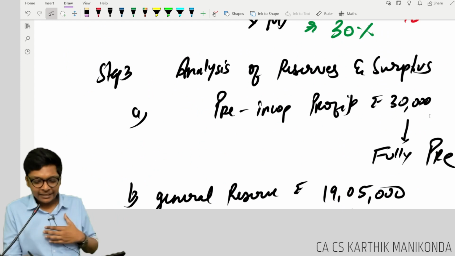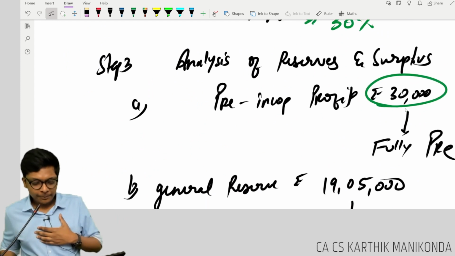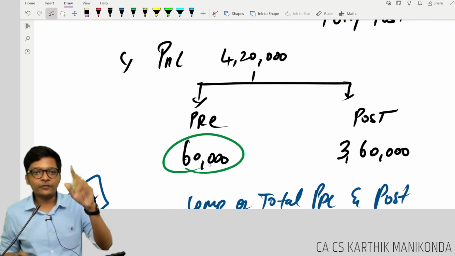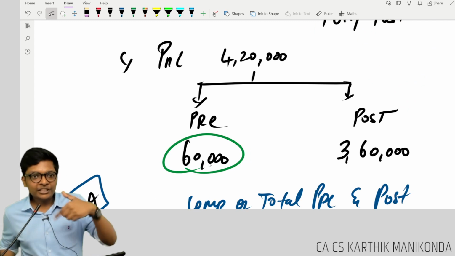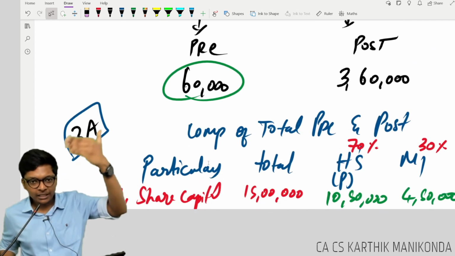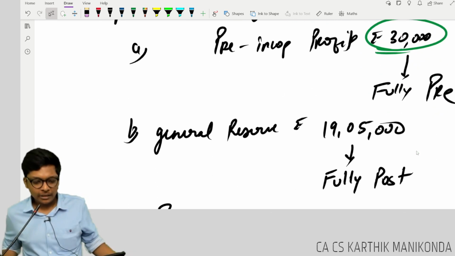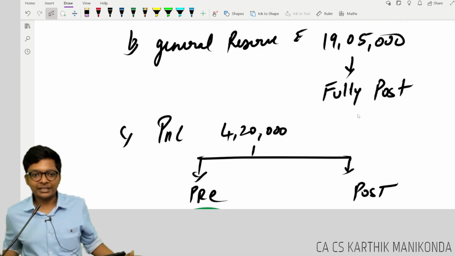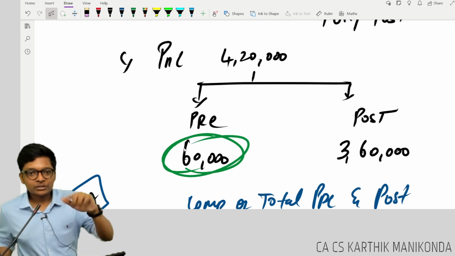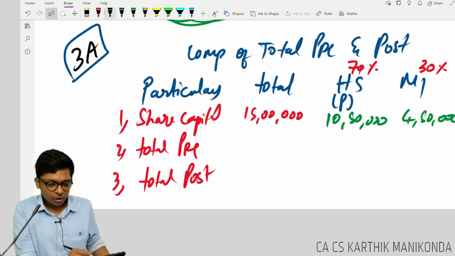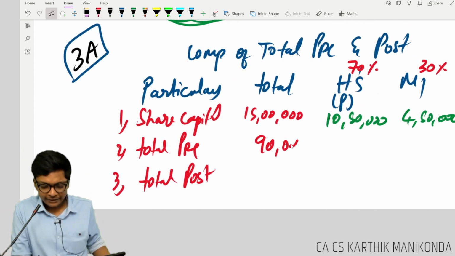From above step 3, 30,000 plus 60,000. Are you following? That addition you have to do, because from step 3, how you found total pre, guys? Pre-incorporation 30,000. General reserve fully post, so nothing. P&L you took 60, so 60 plus 30. Total pre will be 90,000.